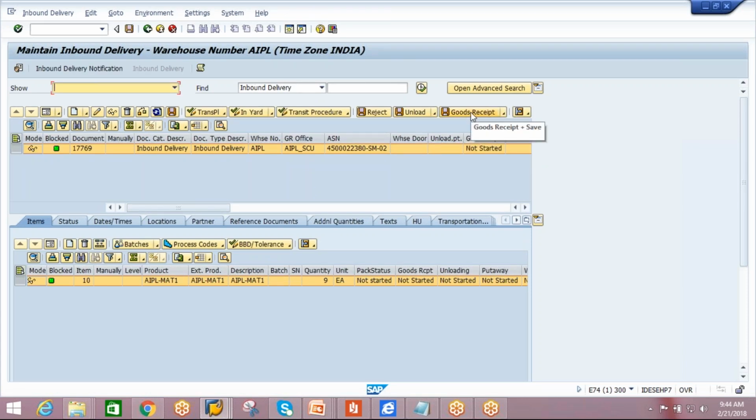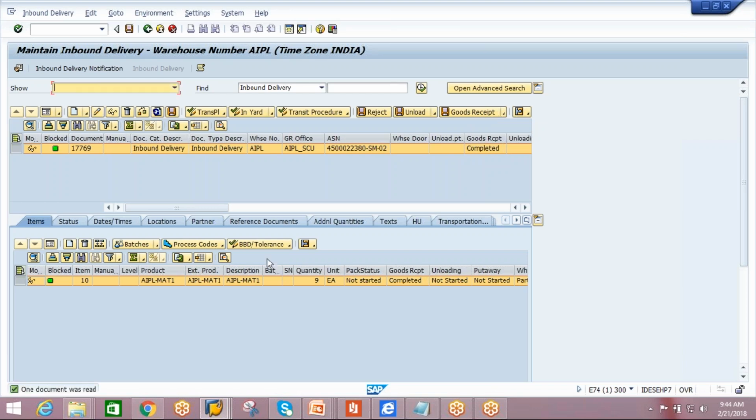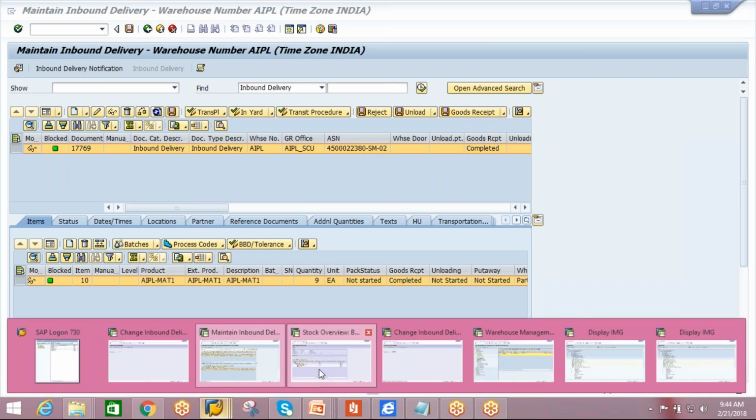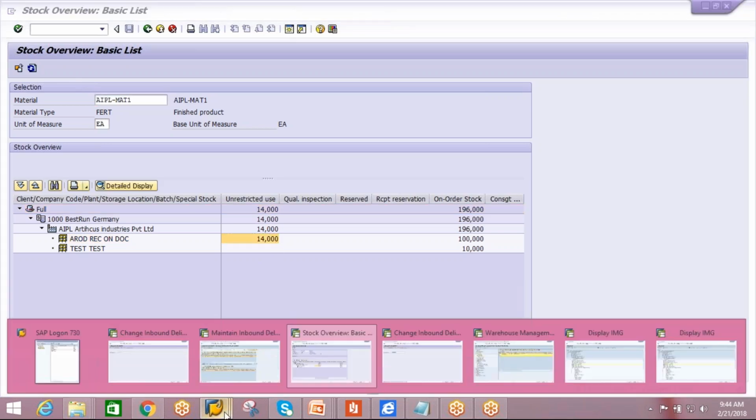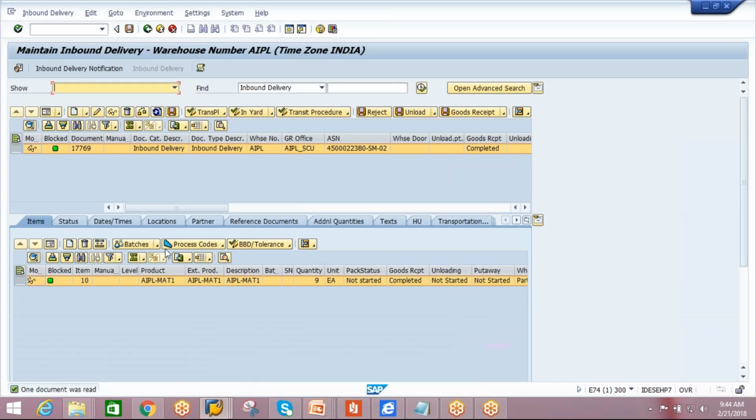Goods received, 9 quantity. Goods receipt is completed. Just cross verify in our MMBE. It should be 14. Now this one is updated. Now I am doing put away for my 9 quantities.